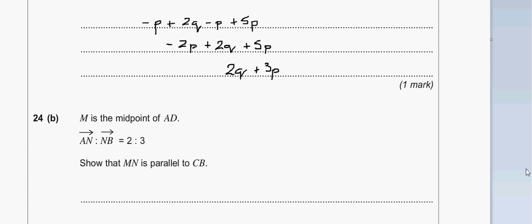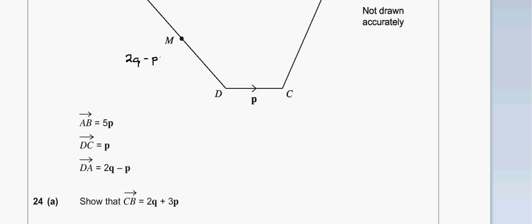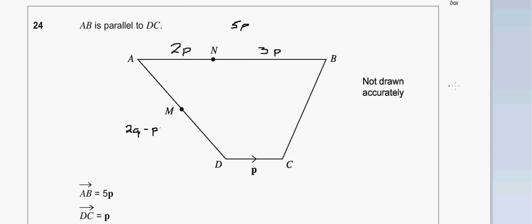Show that MN is parallel to CB. Okay. So what they want to prove is that M to N is parallel. So they're saying that this is parallel to this, and we have to show it.